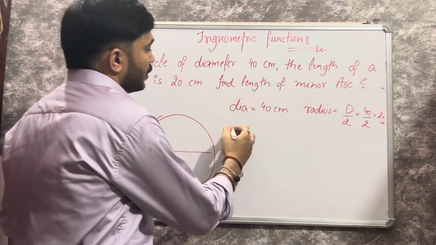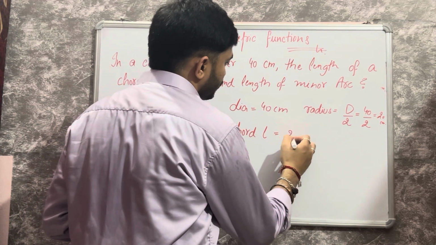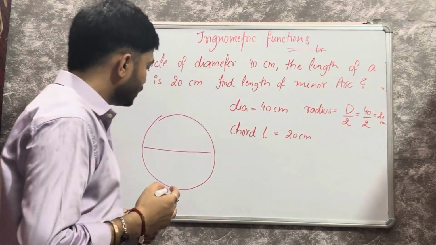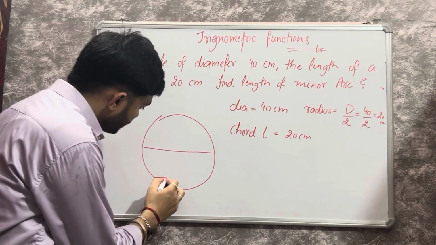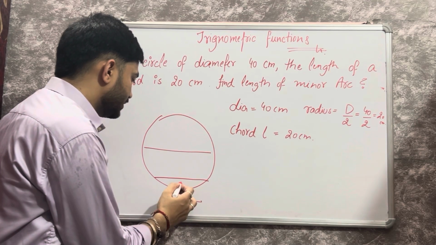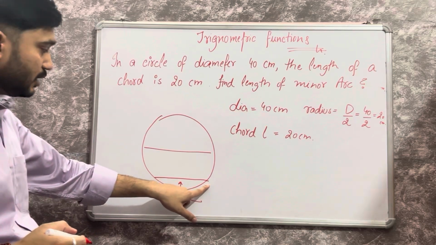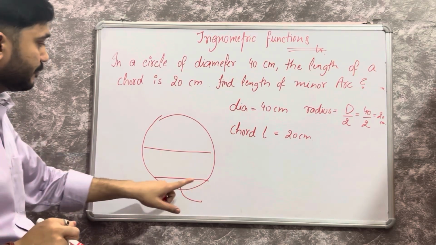Also, the chord length is given, that is 20 centimeter. What is a chord? A chord is a line which joins any 2 points of the boundary of the circle.